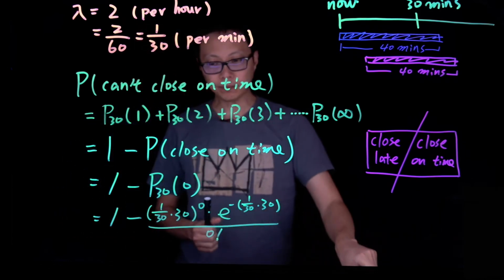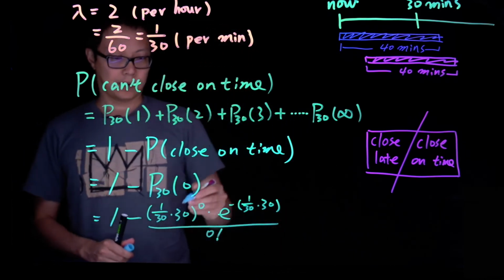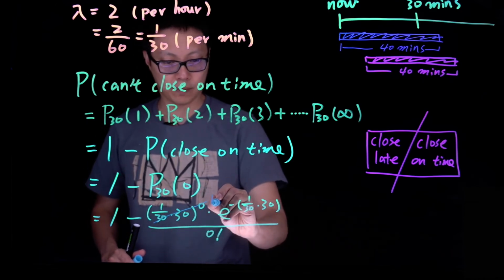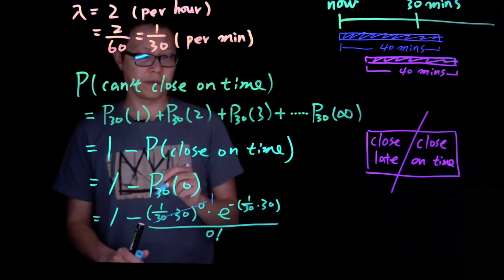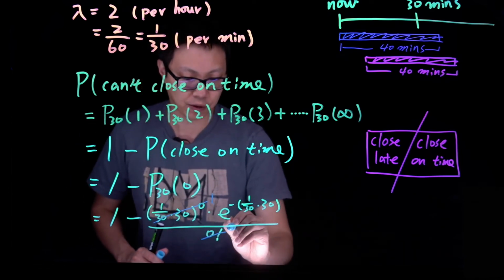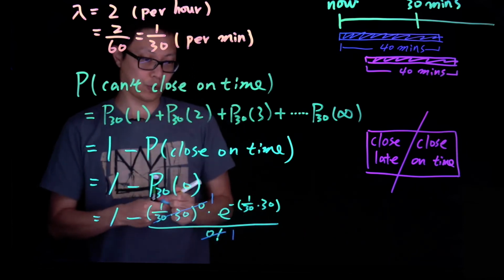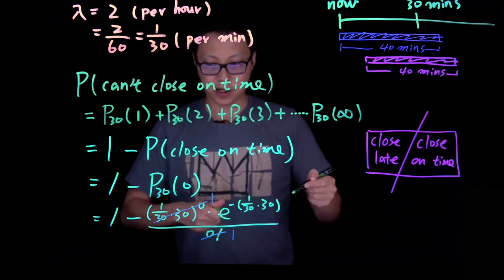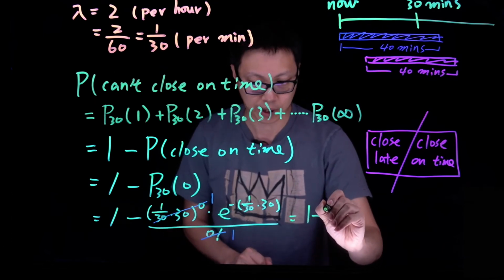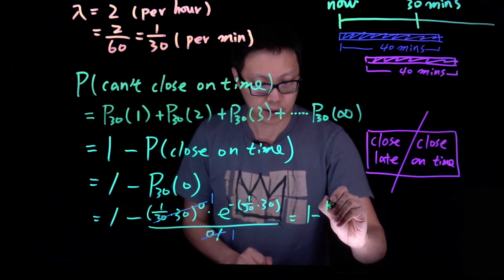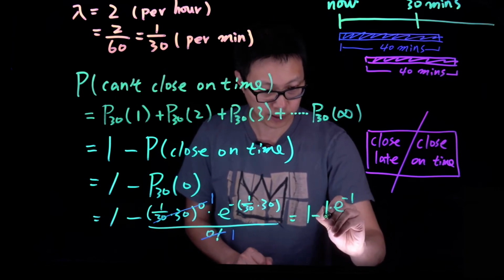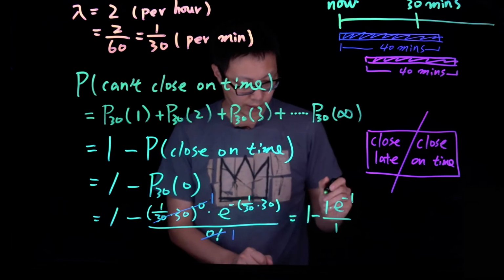Okay? And this term will go to 1 because when you have power of 0, it is 1. Similarly, if you have 0 factorial, that means it is equal to 1. So basically, what I have here is 1 subtracted by 1 times e negative 1 divided by 1.